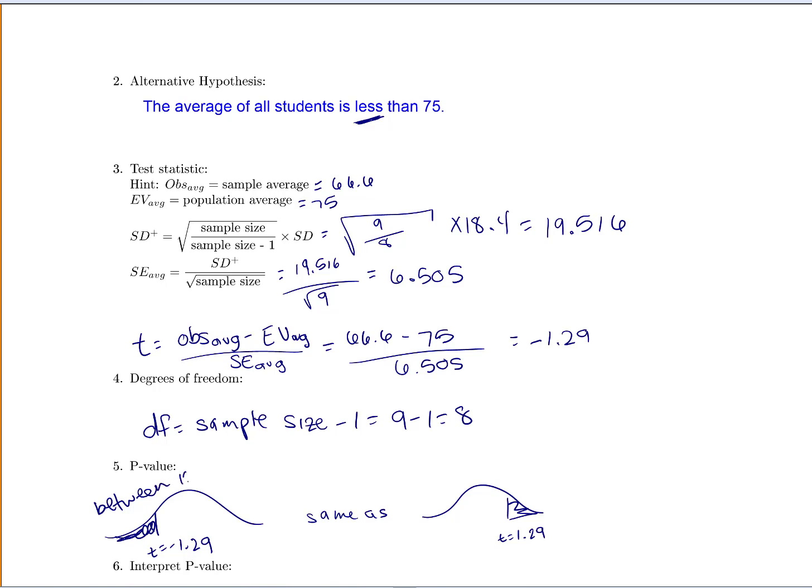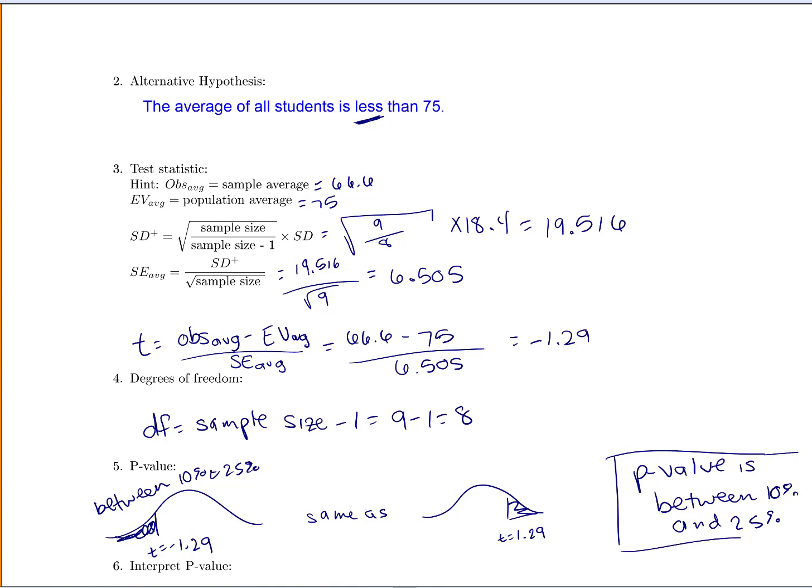Now that is your final answer. You actually just leave it like that. So your p-value is between 10% and 25%. You can't really narrow it down anymore without having a calculator or a computer.